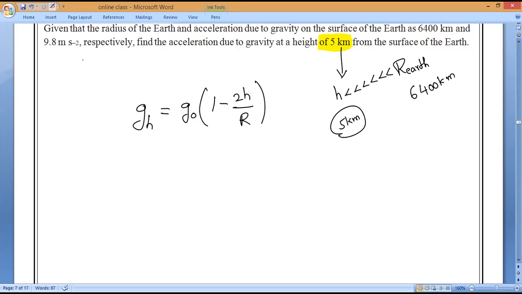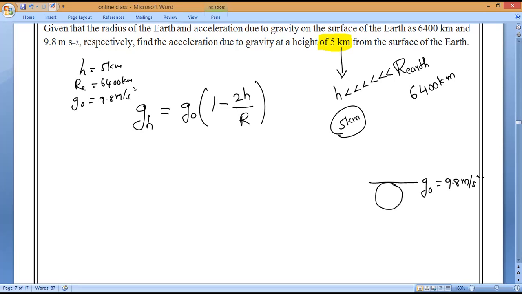So write the given data. Altitude is equal to 5 kilometers. Radius of earth is 6,400 kilometers. g naught is equal to 9.8 meter per second square. Observe very carefully. This is the earth. What is the g value at the surface, Mr. Hari? Mr. Akilan? 9.8 meter per second square.